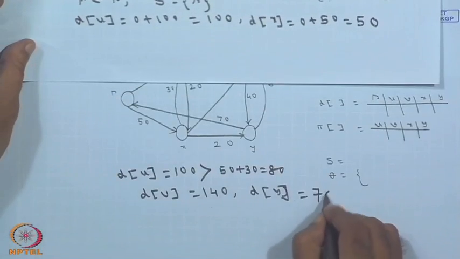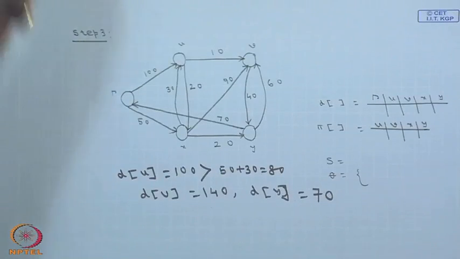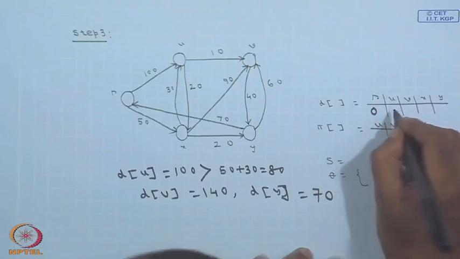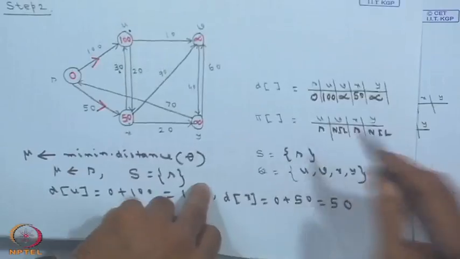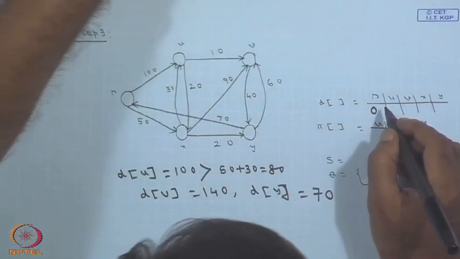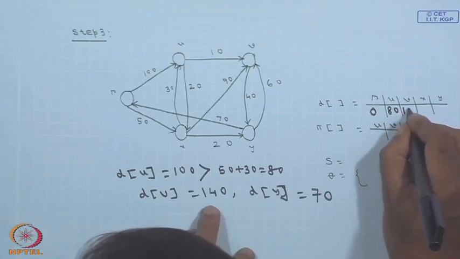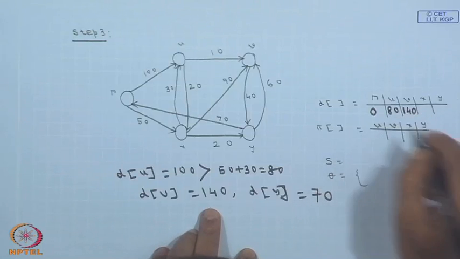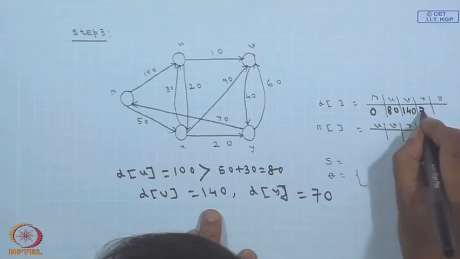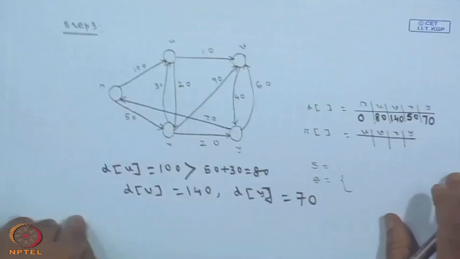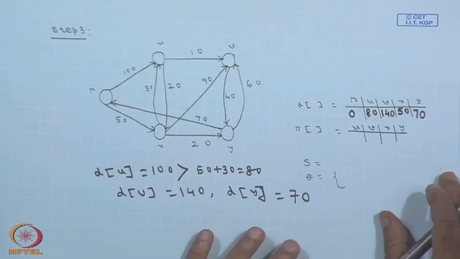So, what are the distances you are getting? From S to S it is 0, for u, earlier it was 100, now it is replaced by 80, for v it is 140 as we have calculated, for x it remains fixed, that is 50, and for y it is 70.